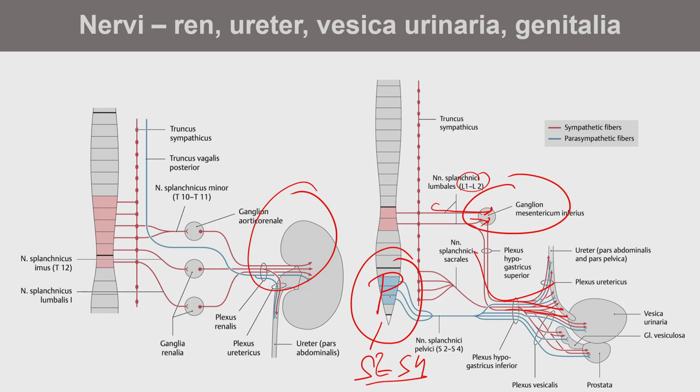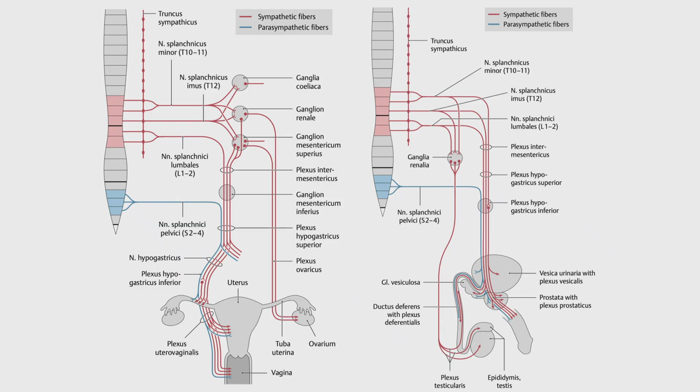So from sacral parasympathicus. Sacral parasympathicus then is also important for uterus and male organs.